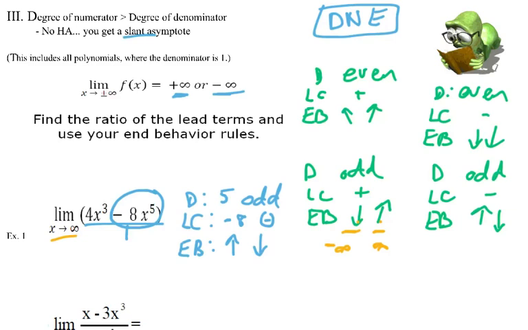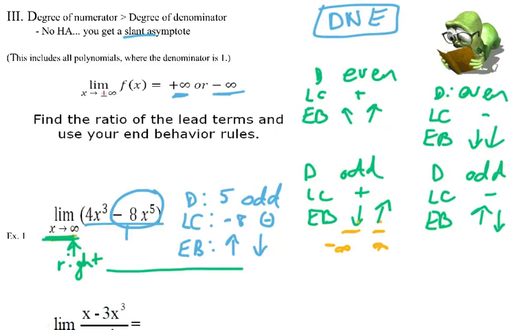Way back in polynomials, we would leave our answer like this because I wanted to know what's the end behavior. Well, my end behavior is up-down. But this is more specific. I'm not asking for the end behavior. I want to know what's the limit as x approaches infinity. Now, as x approaches infinity, that means as you go to the right forever.